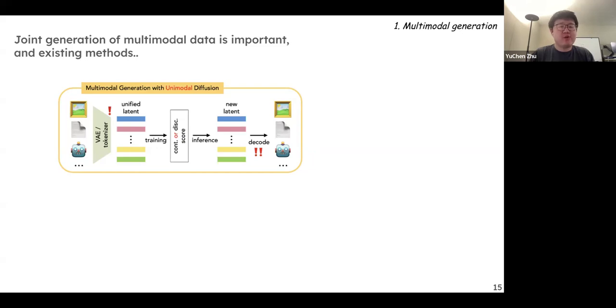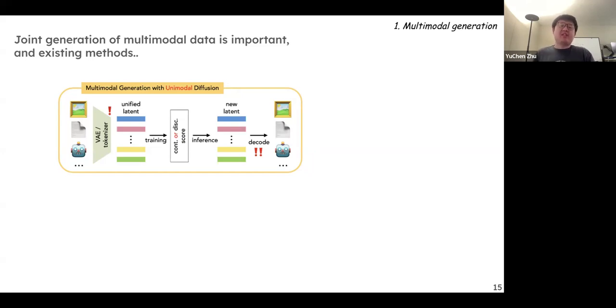What I mean by a unimodal diffusion model is that you train a diffusion model defined on the state space of a single modality. So in order to adapt this algorithm to multimodal data, the approach people take is to train some representation harmonizer, such as a VAE, or tokenizer, so that all the data are turned into either continuous latents or discrete latents.